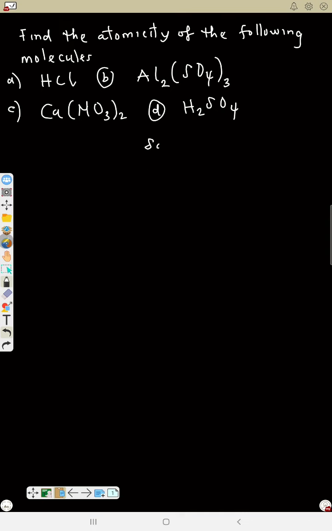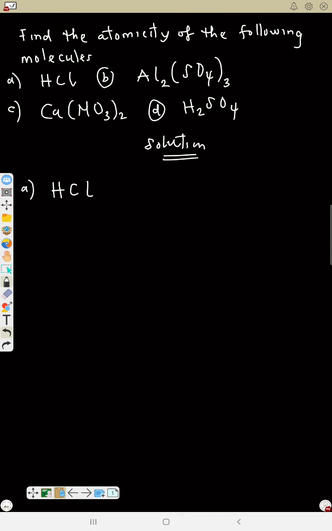So what is atomicity again? Atomicity represents the total number of atoms present in a molecule. Now, to calculate the atomicity here, we will take the sum of all numbers of atoms present in the molecule. For A, we have HCl. Here, the hydrogen chloride has one chlorine and one hydrogen atom.